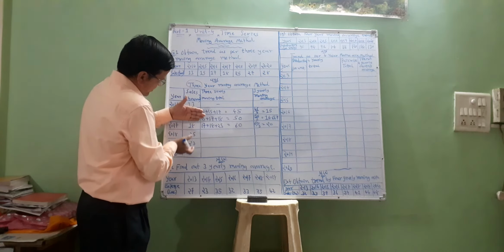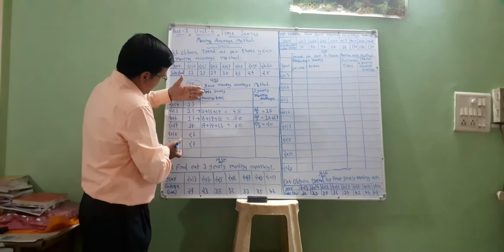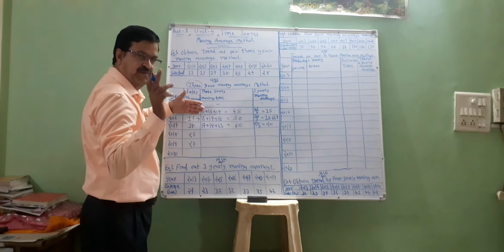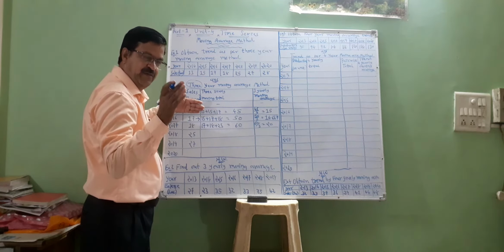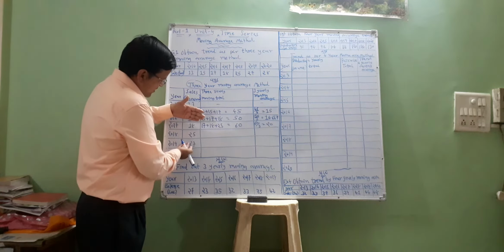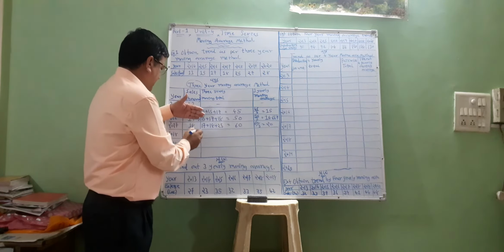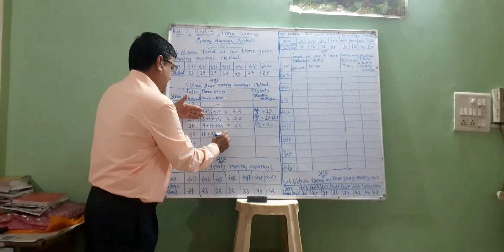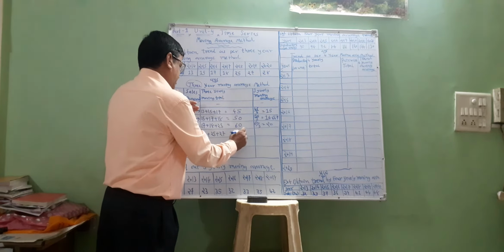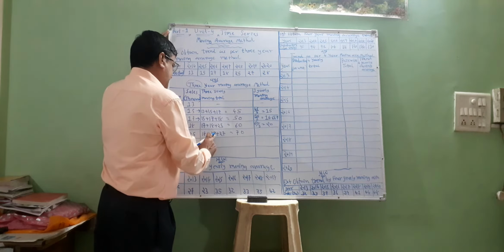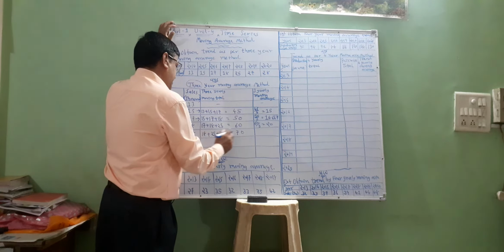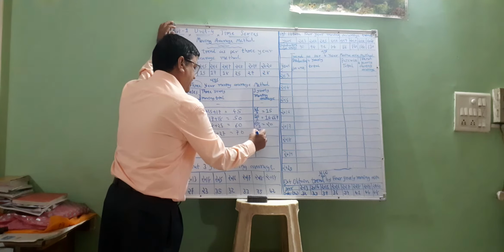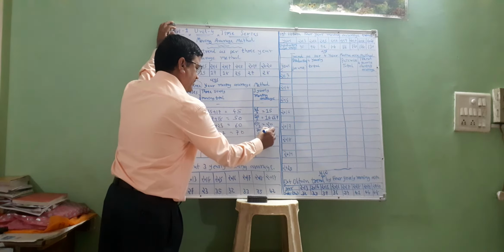So do this total. You have to take total of 3 items from lower to upper. So 18 plus 25 plus 27, 70. So 70 by 3, 23.33.